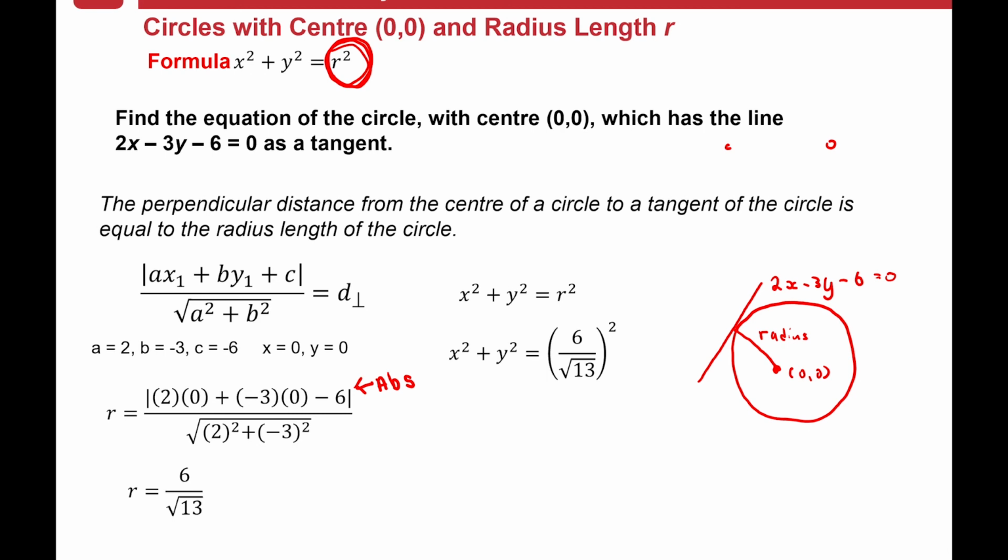And simplifying this gives me x squared plus y squared equals 36 over 13. You can leave it in this form, or if you prefer, you can multiply everything by 13 to get rid of your fraction, which gives us 13x squared plus 13y squared equals 36. Please pause and take down this video.